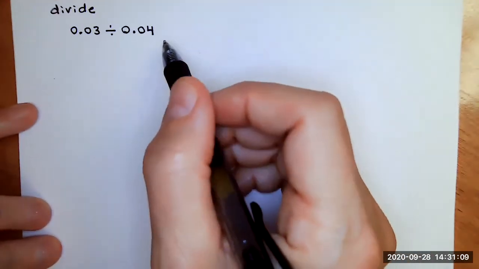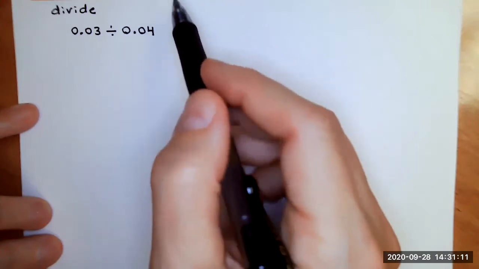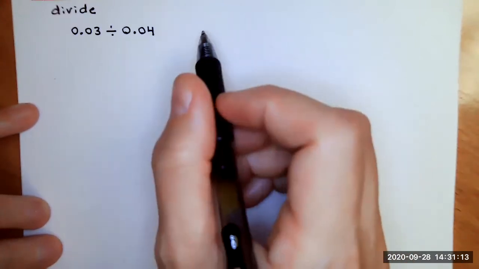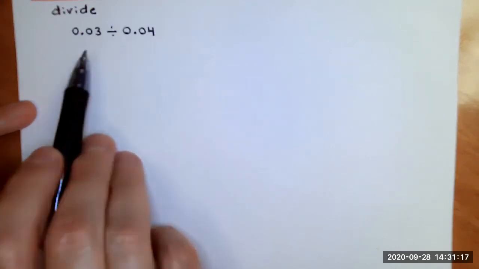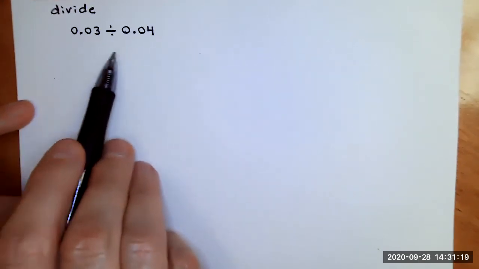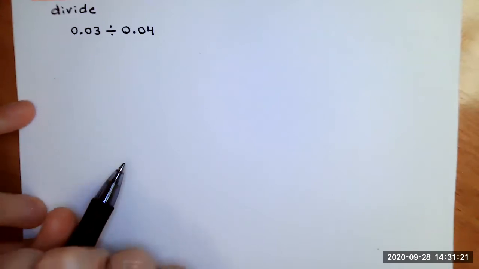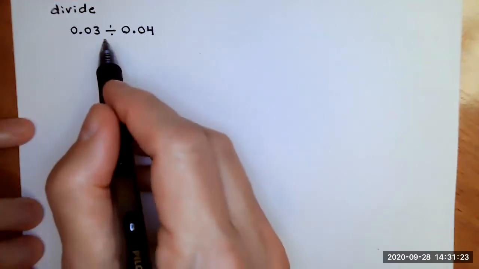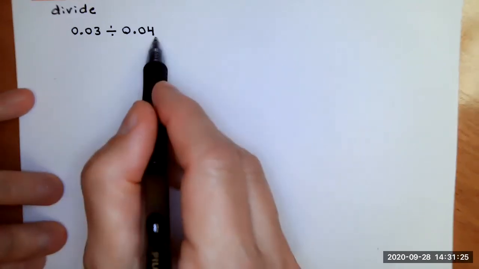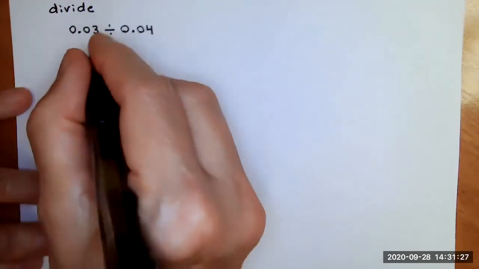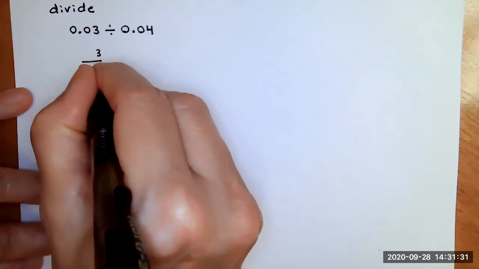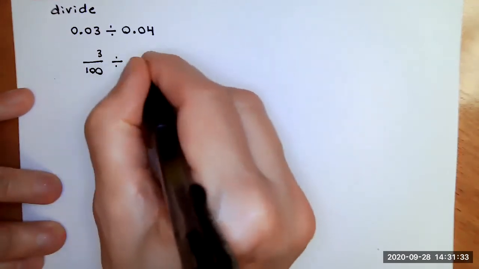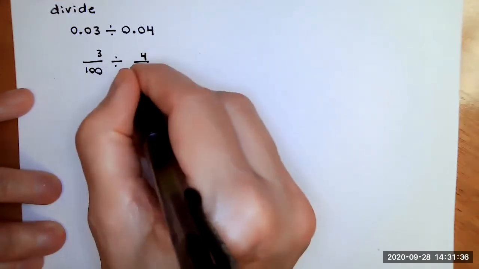Okay, so now we know how to divide whole numbers and get a decimal answer. What do you do if you start with decimals? So I'll show you the why first, and then we'll do the shortcut. So if you have 0.03 divided by 0.04, that's the same thing as 3 over 100 divided by 4 over 100.